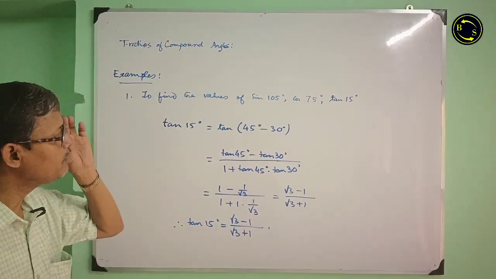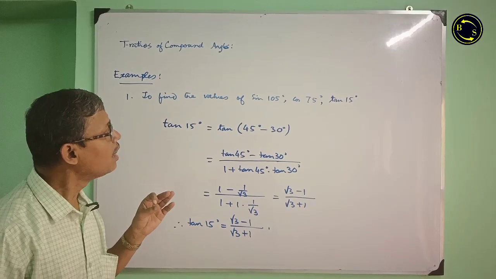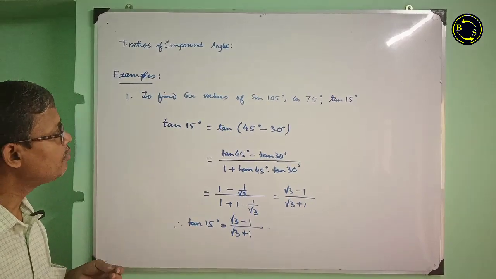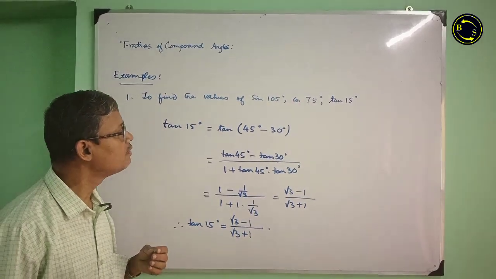In case of 105 degree, the angle is written as sum of 60 degree and 45 degree.